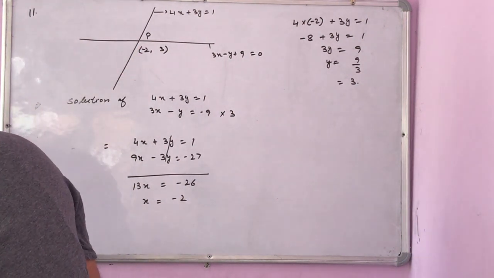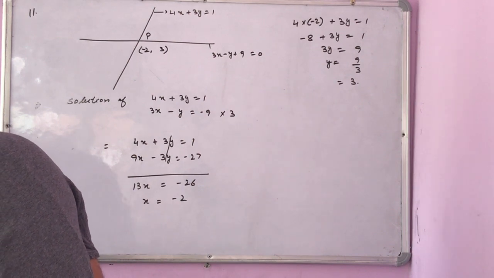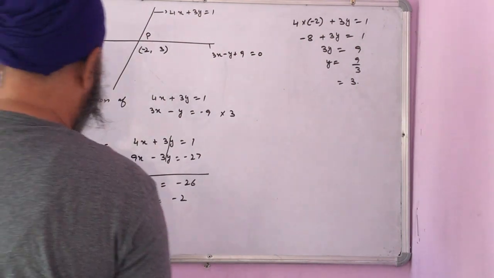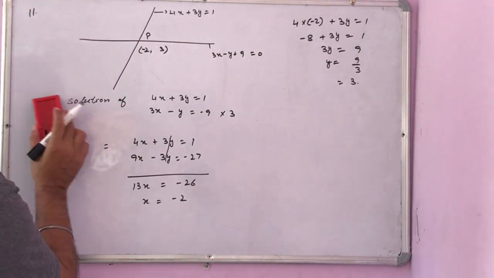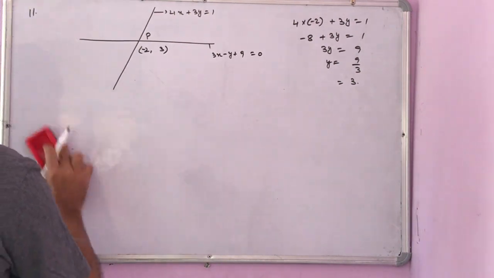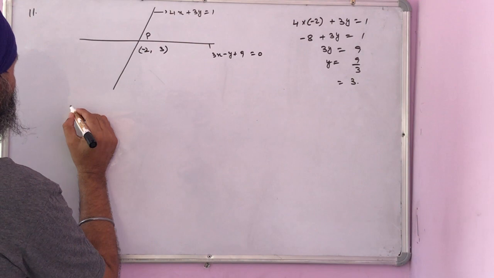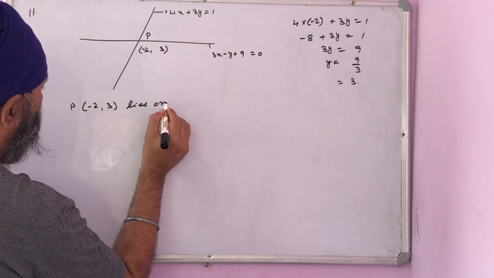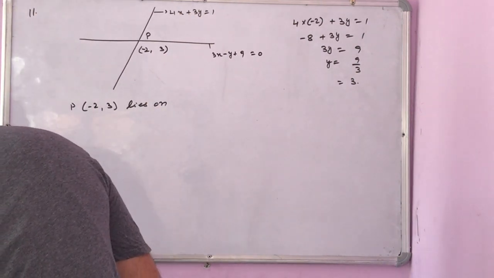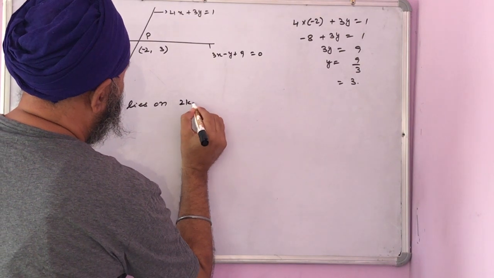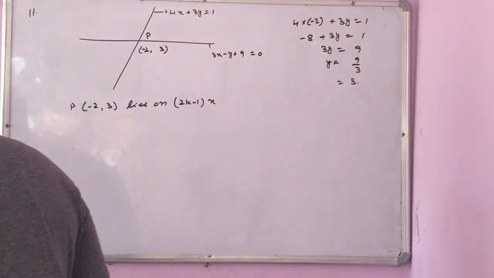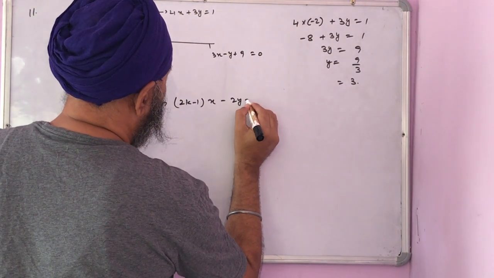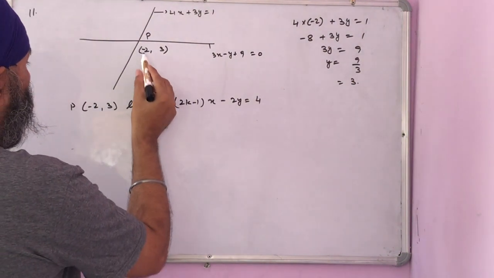Second, the point P lies on the line 2k minus 1 into x minus 2y is equal to 4. Point P is minus 2, 3. Now the value of x is minus 2.